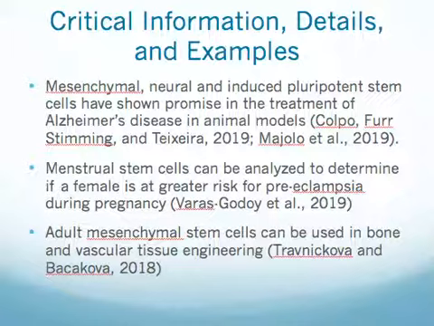So by analyzing these, they found that women with preeclampsia showed reduced angiogenic capacity and reduced stromal progenitor cell formation when compared to patients without preeclampsia.